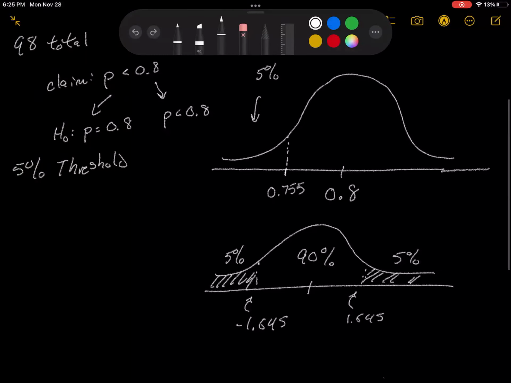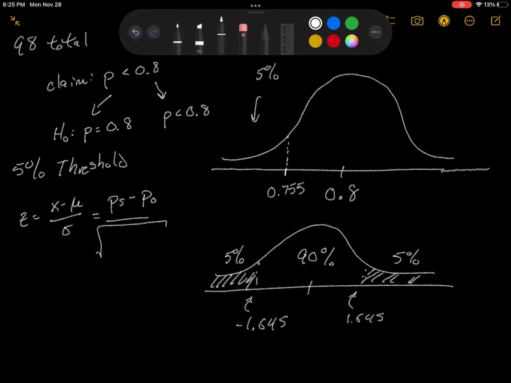So let's find the z-score of 0.755. The z-score is given to us by the data point minus the center over the standard deviation, right? That's the general equation. Now, because we're dealing with proportions, I'll take the proportion that we measured from the sample, minus the expected value, or the center of the curve, the null hypothesis, divided by the standard deviation of proportions.